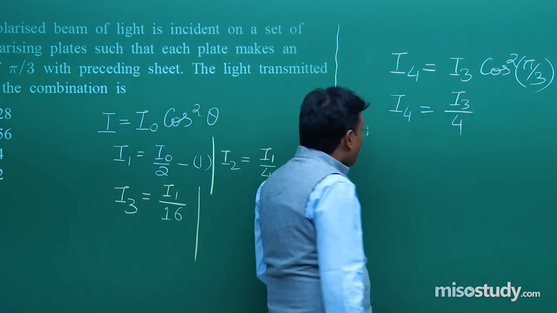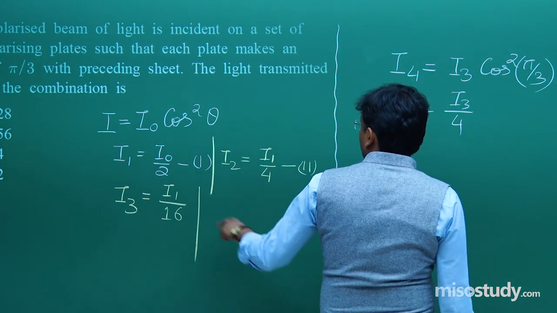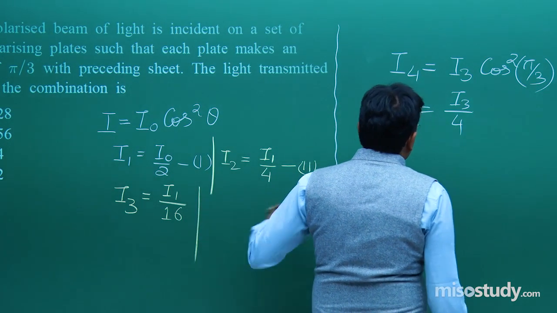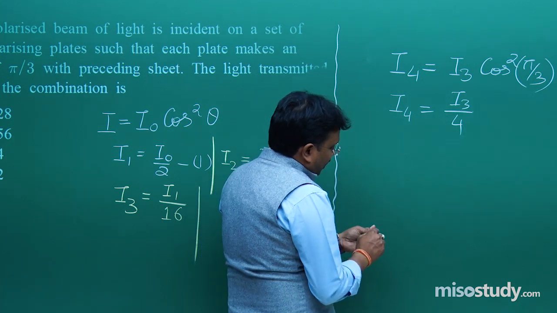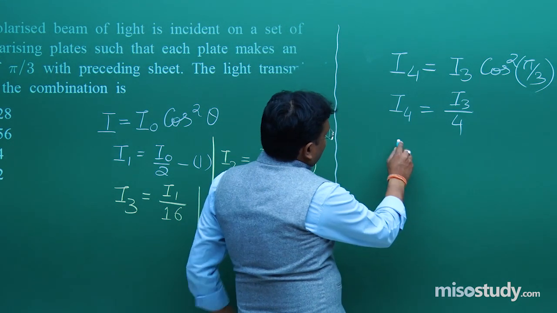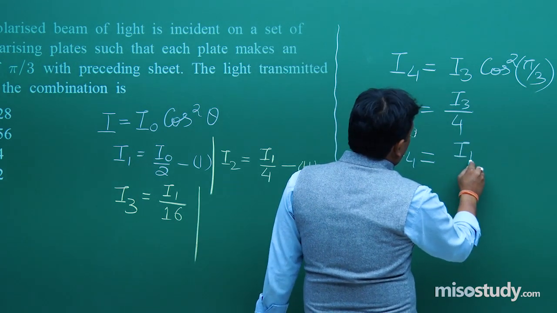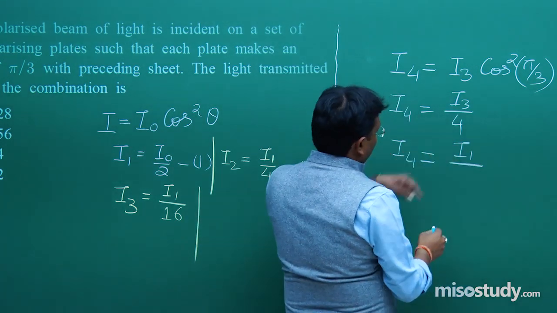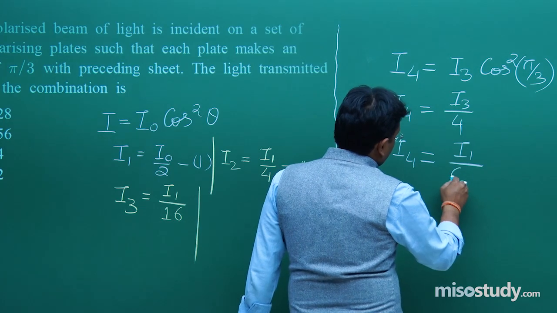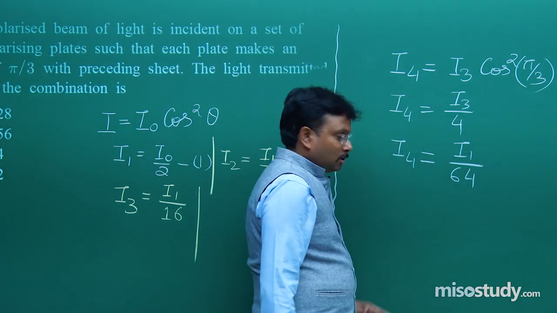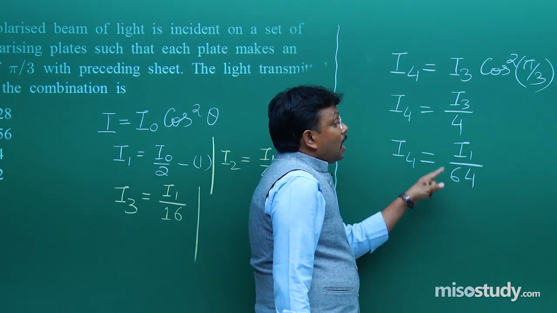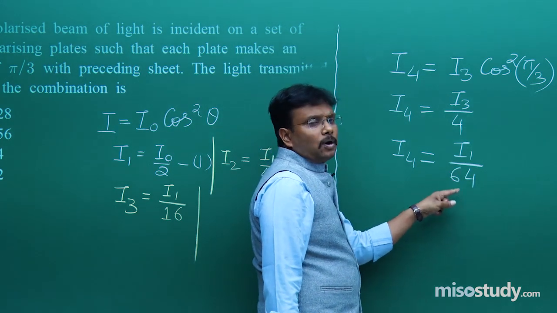Fine. But I3 is equal to I1 by 16. So what you will get? I4 is equal to I1 by 16 multiplied by 4, that is 64. So I4 is equal to I1 by 64.